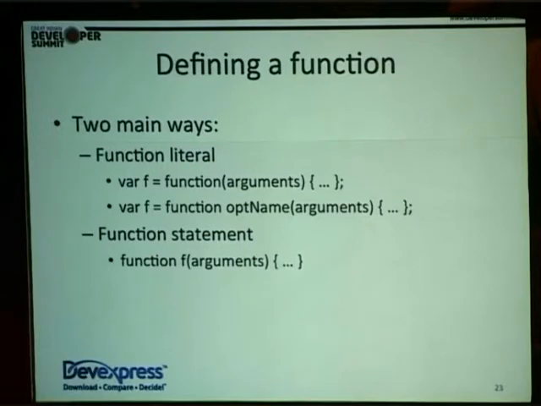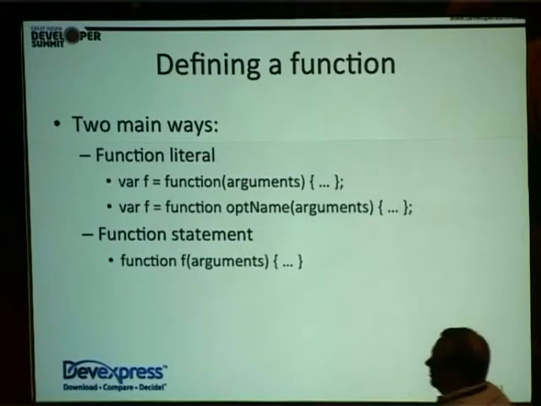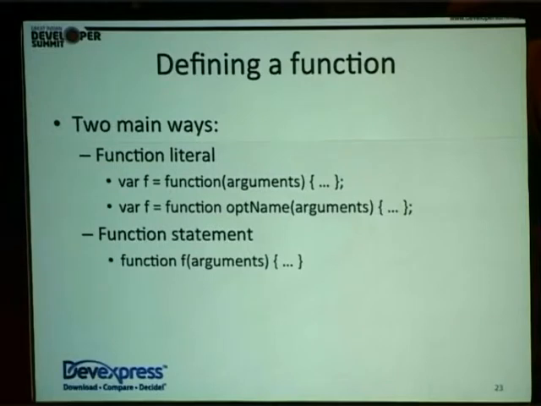Or you can declare it as function statements, which is kind of what you're used to in C#. So you have function, name of function, arguments, and some code. The interpreter will, in practically 99.99% of cases, convert that last version automatically into one of the other versions.